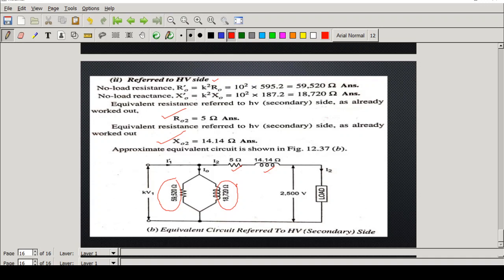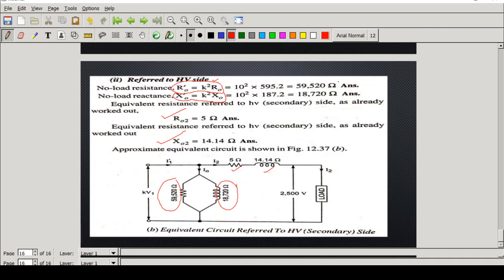When you want to transfer the primary resistance or reactance into the secondary, you multiply it by K square. See here, R0 dash is the resistance transferred to the secondary. That is why I am multiplying it by K square. Similarly, X0 dash is also transferred like this.